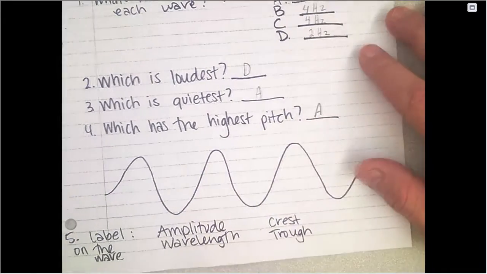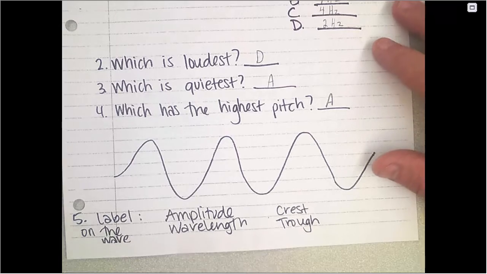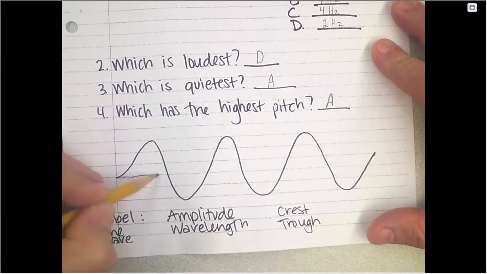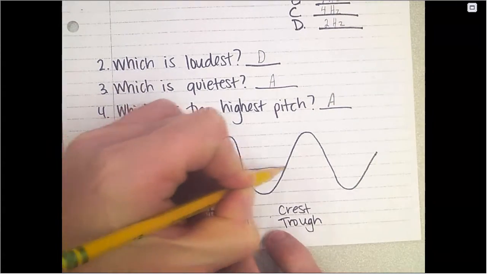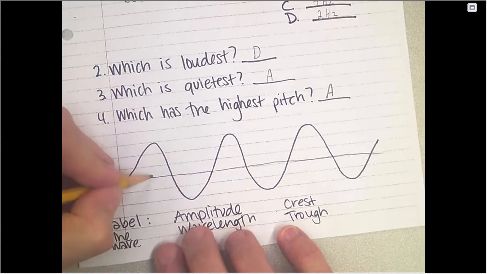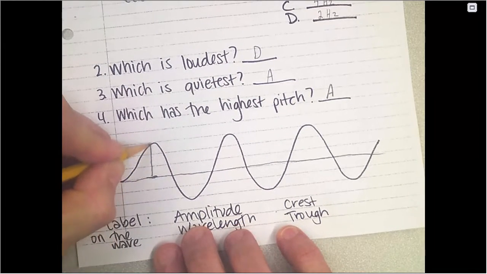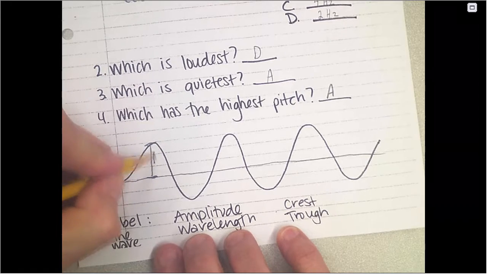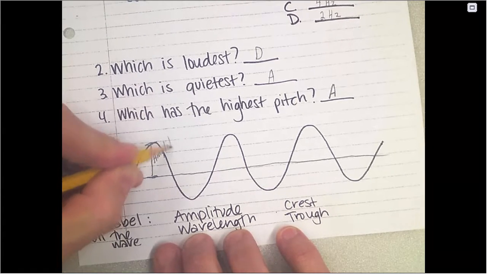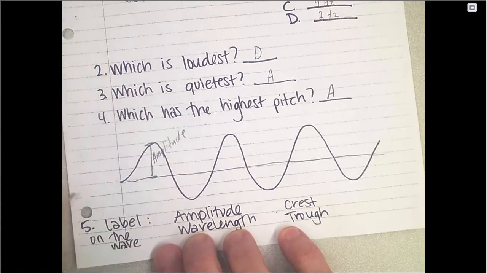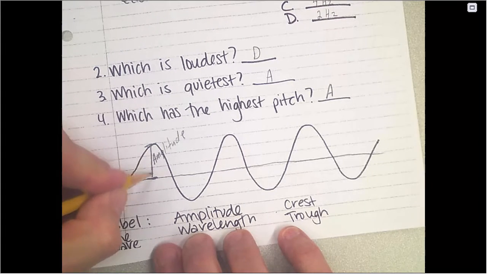On this picture, we're supposed to label the wave. The amplitude we just talked about, starting from the resting point. I'm going to draw that in. The distance from here to here is its amplitude. Okay, that distance right there.